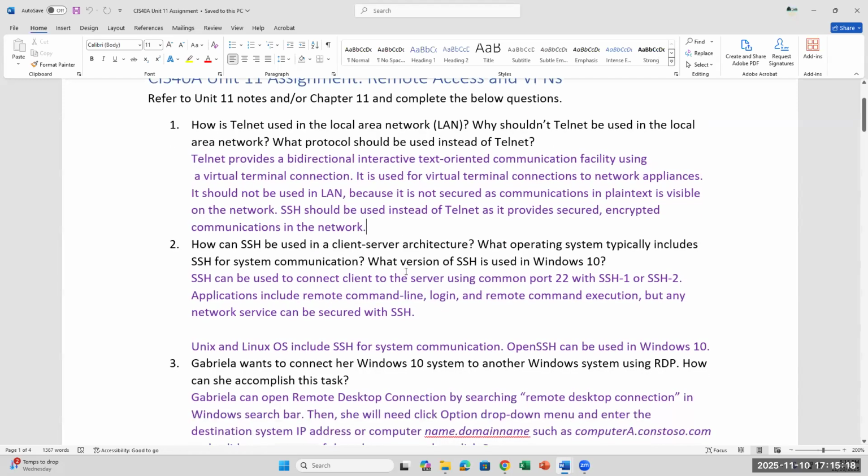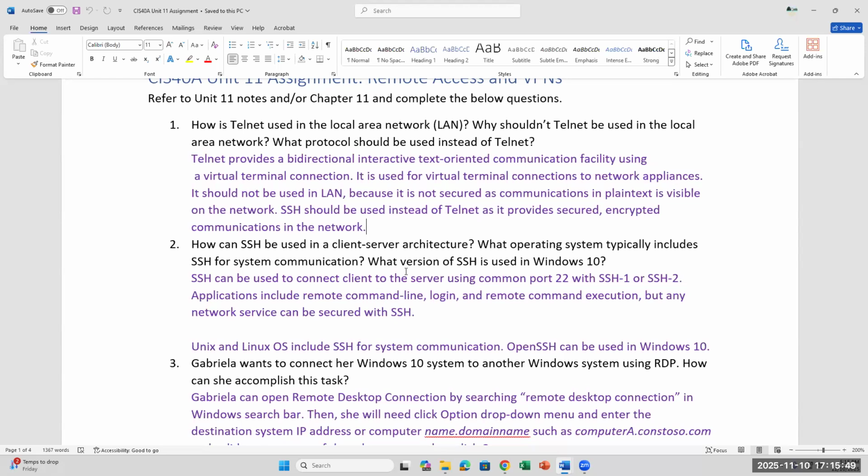Now, SSH can also be used in connecting your client to your server, right? So you have learned how to configure DNS, DHCP, those are server roles, but the system that you're using to do your schoolwork and your lab work is a client system like your Windows 10 and Windows 11. It is connecting to the domain and it has joined the domain so that way it can utilize the resources in that particular network.